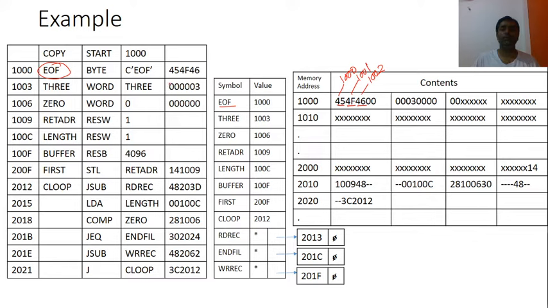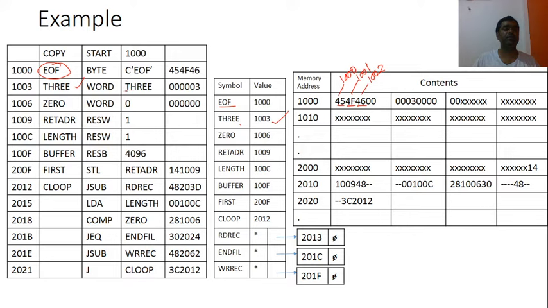Now the next instruction is at 1003 address: THREE WORD 3. First we have to check in the label field, there is label THREE. We have to insert this label THREE in the symbol table, and what is the value corresponding to THREE? 1003. It is inserted here. Now what will be the object code? THREE WORD 3.